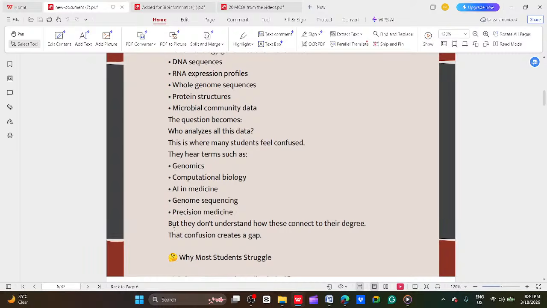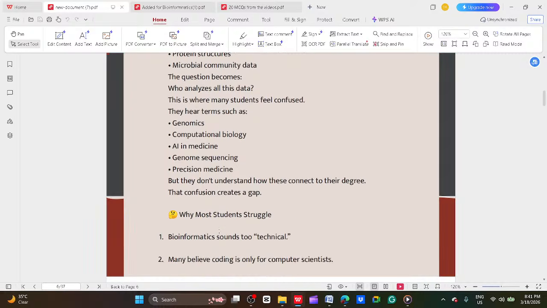But those people do not understand how this list of words can connect together to make this. So that confusion, because many people are confused, has created a lot of gap. It has left a kind of gap between those people that know it and those that do not know it.